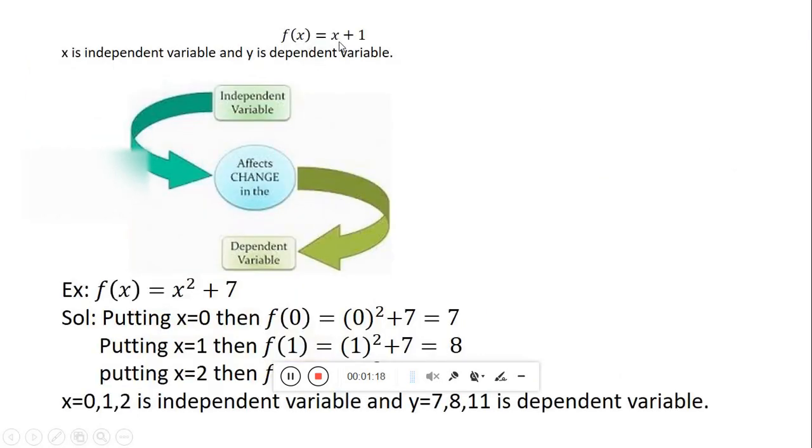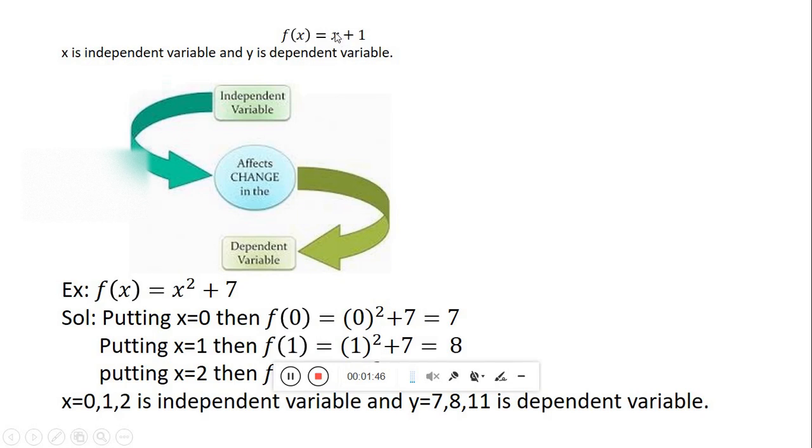In this, x is the independent variable, y is the dependent variable. Just like we have a value of x, then we have the value of y. Just like x equals 2, then the function value is 3. If x equals 0, then the function value is 1. So our function value depends on the variable x.